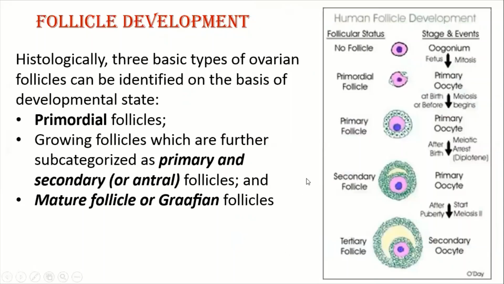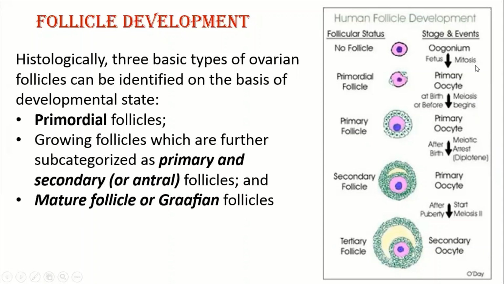Coming to the follicles which are there in the cortex. Histologically, there are three basic types of ovarian follicles. The earliest one, present just beneath the tunica albuginea, is called the primordial follicle, which further grows, leading to formation of primary and secondary follicles, and finally the mature follicle or the Graafian follicle.